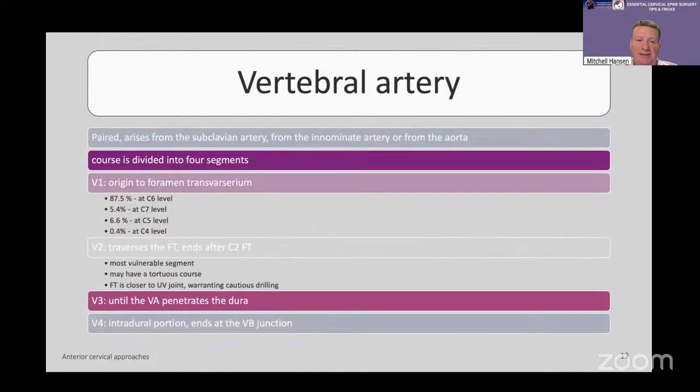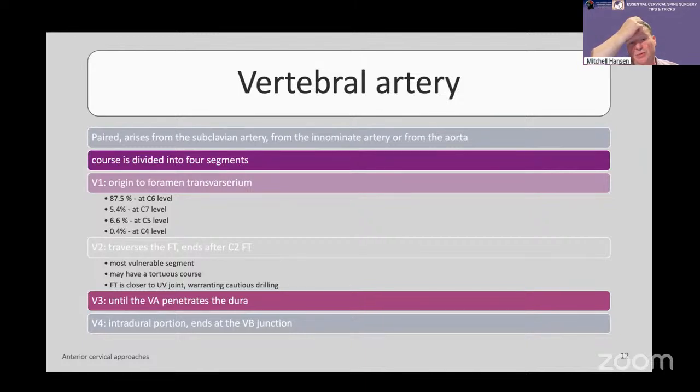Some of the big red things that you need to worry about, the vertebral arteries. Generally, almost 90% of the V1 comes through at the C6 level. It can come in lower 5% of the time at C7. Generally it is safer if it goes higher. The most vulnerable segment, as we know, is higher up at the foramen transversarium after C2, and this can have a tortuous course.